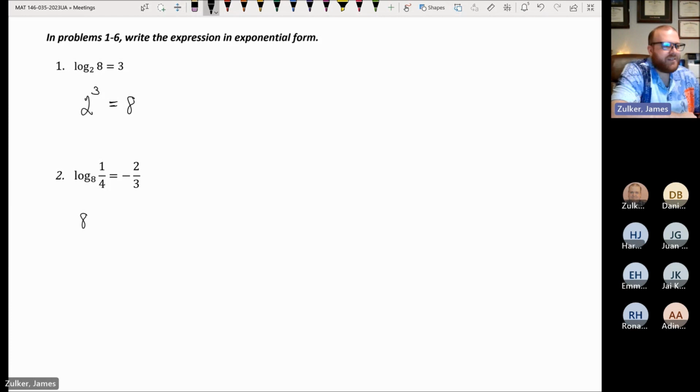Base is 8. Exponent will be negative 2/3.